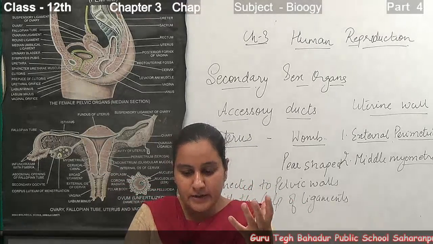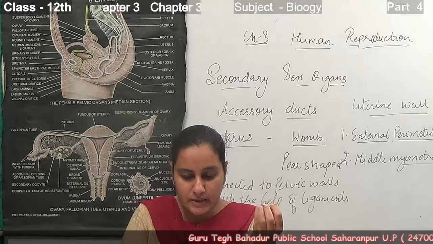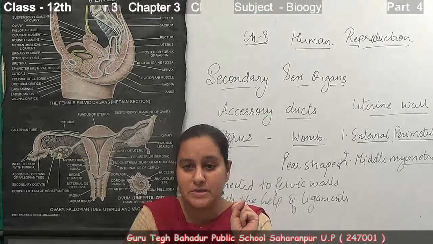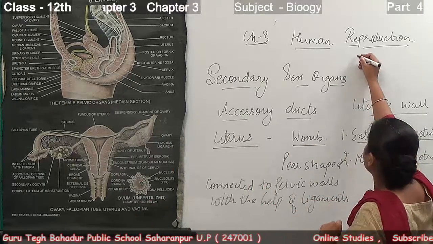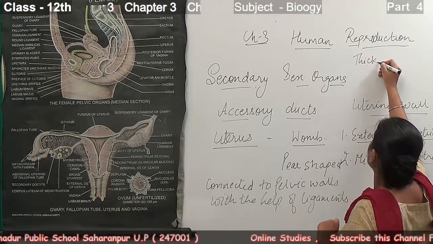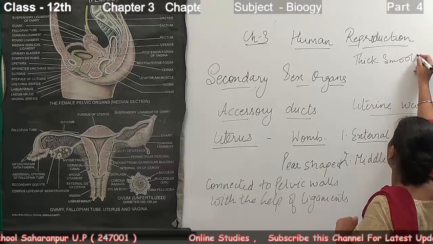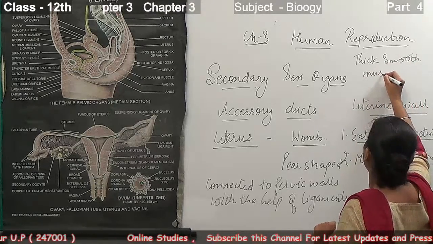This middle layer consists of thick layers of smooth muscle fibers. I am writing here: thick, smooth muscle fibers.